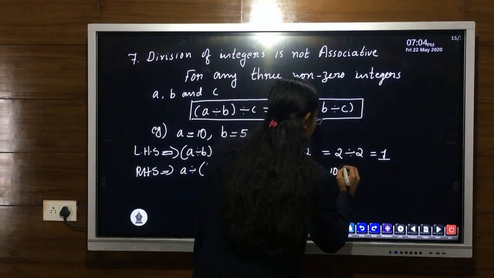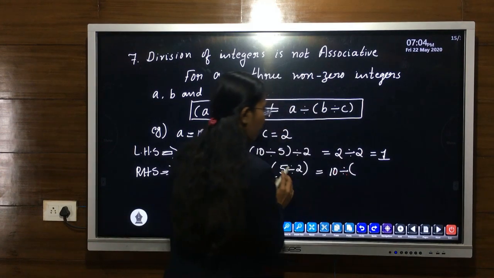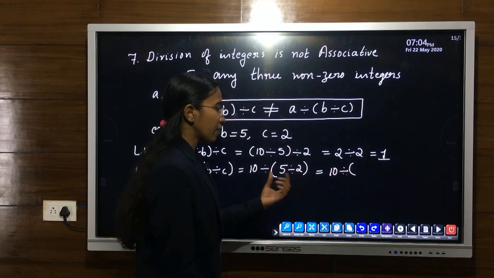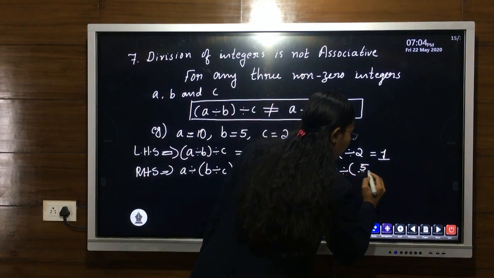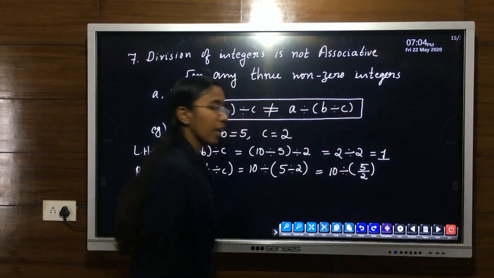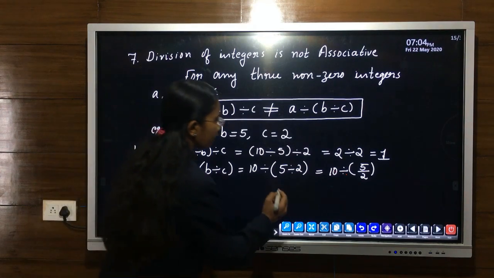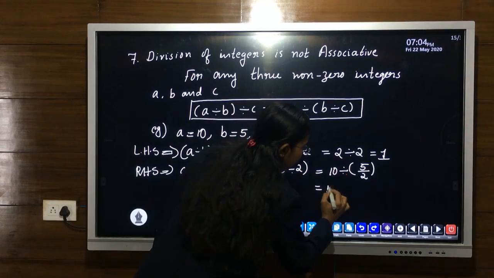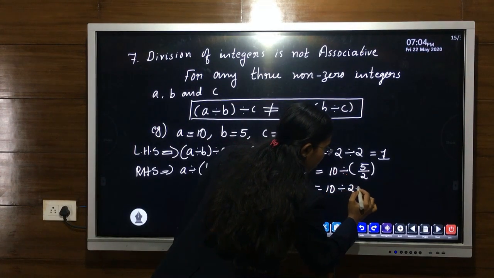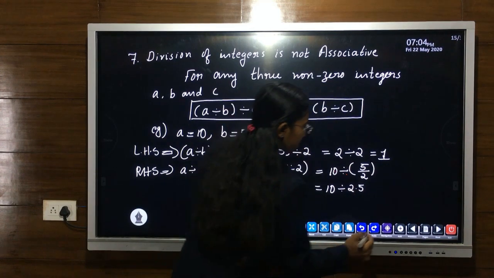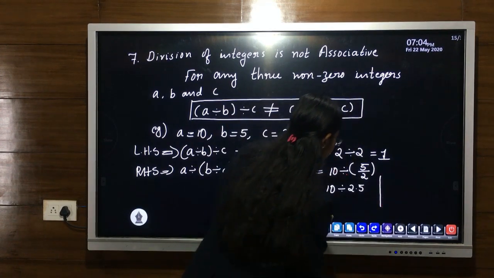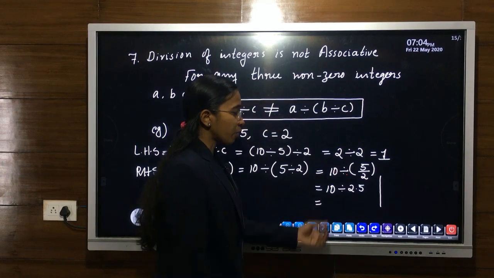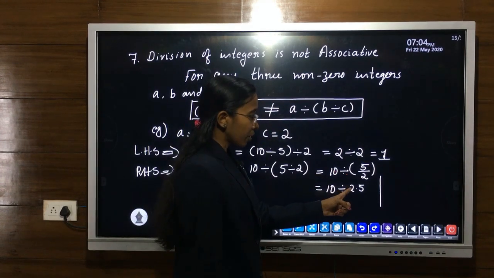That is 10 divided by, what is 5 divided by 2? 5 divided by 2 means that is the half of 5. Half of 5 is 2.5 only. That is, here we can write 10 divided by 2.5. How to find this value?